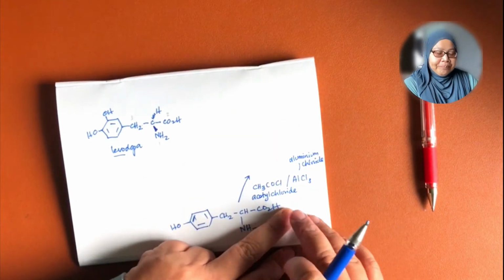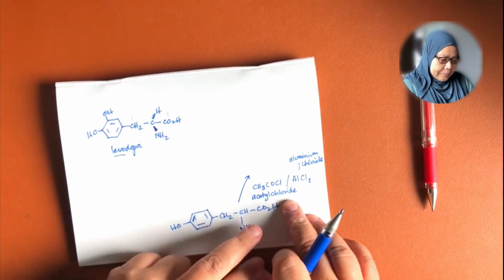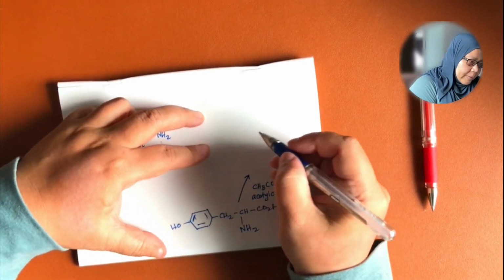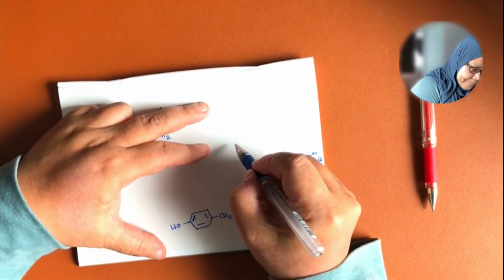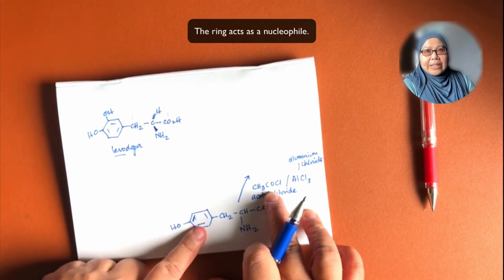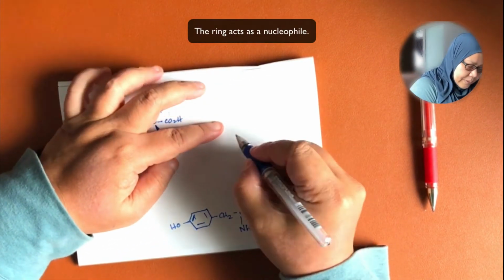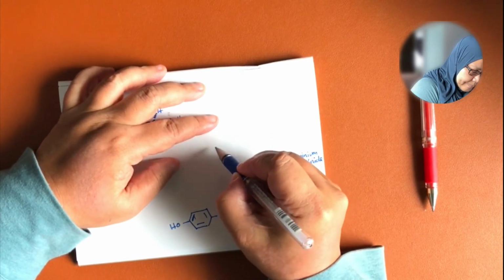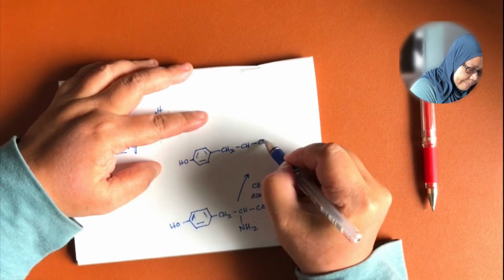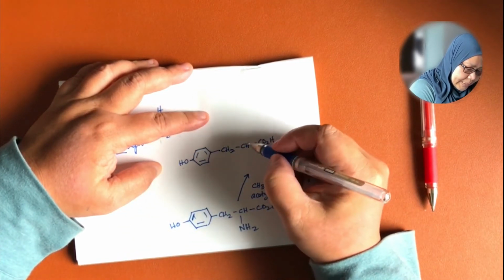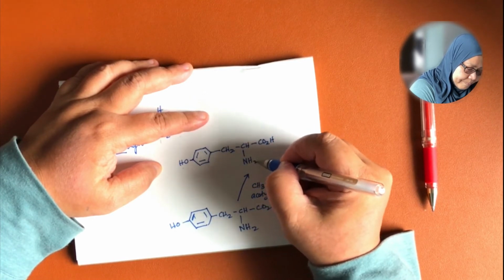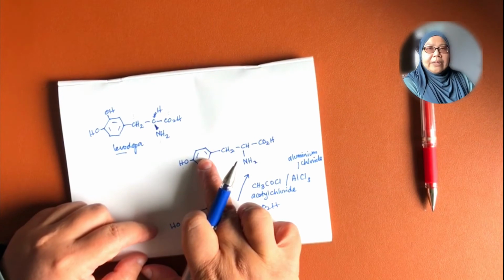Because this is a Friedel-Crafts acylation, this will react with the ring here. So we're going to draw this molecule again. The entire molecule is the same, and this Friedel-Crafts acylation is very specific to the aromatic ring.